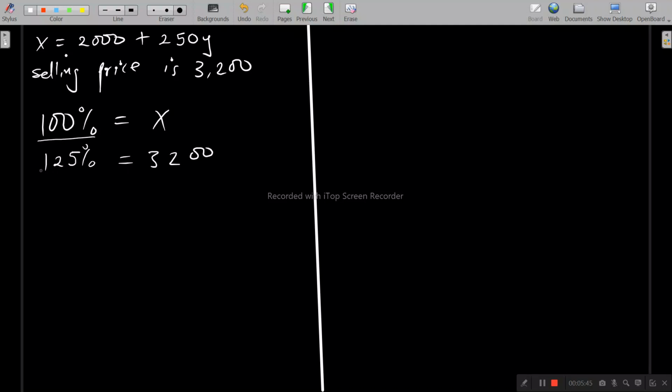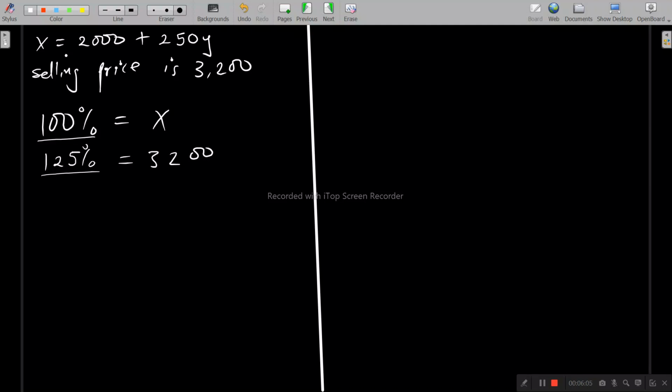100% is smaller than 125% and is giving us x, and 125% is giving us 3,200. So are we going to get a lower price for the 100%? Yes, because the person made a profit. That's normal logic here. If the person made a profit, then the cost price should be less than the selling price.